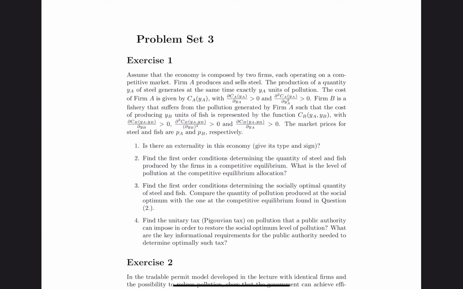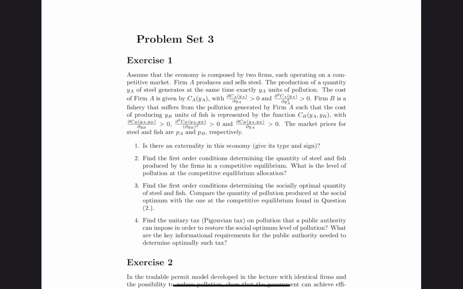Firm B is a fishery that suffers from the pollution generated by firm A, such that the cost of producing YB units of fish is represented by the following cost function, which depends not only on the amount of fish which is produced, but also on the units of pollution generated by firm A. And we have some assumptions with respect to this cost function.